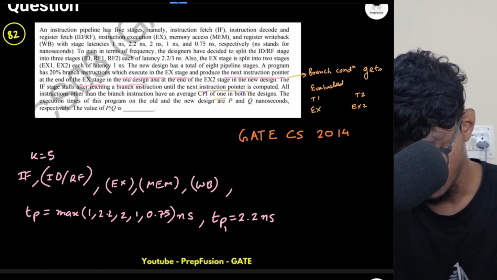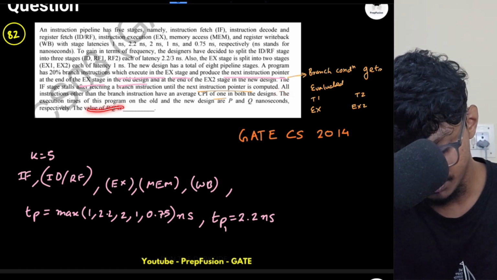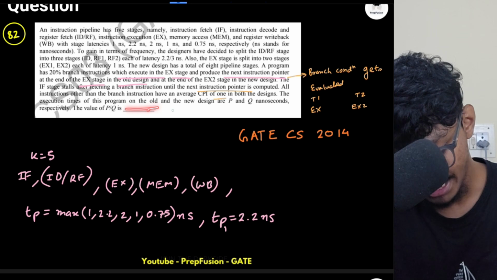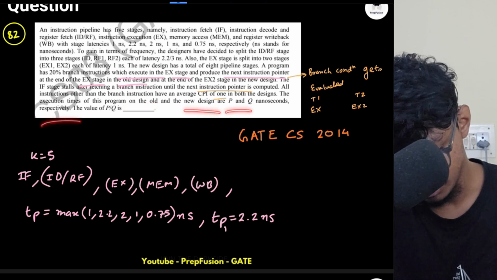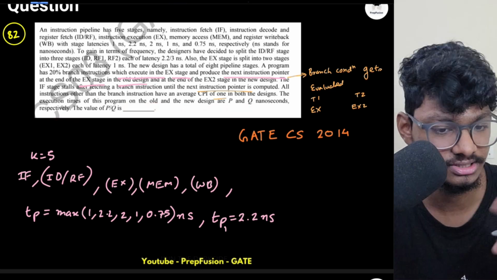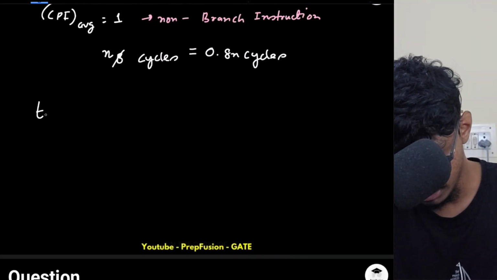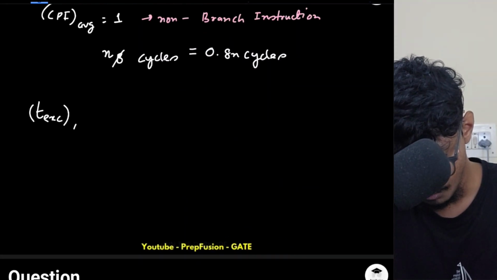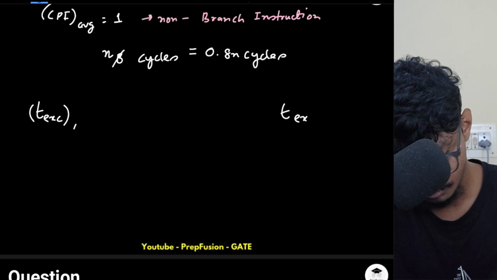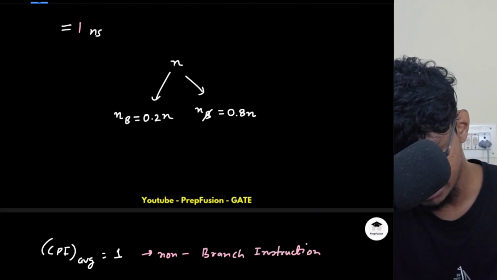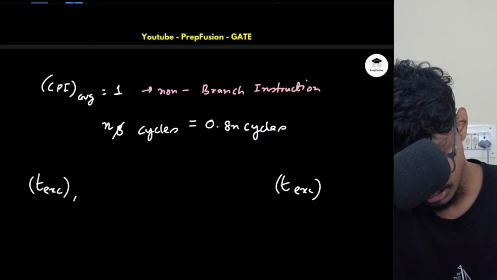The execution times of this program on the old and the new design are P and Q nanoseconds. They are not talking about average execution time, they are talking about execution time. In system 1 the execution time will be Tx1 and in system 2 it will be Tx2.